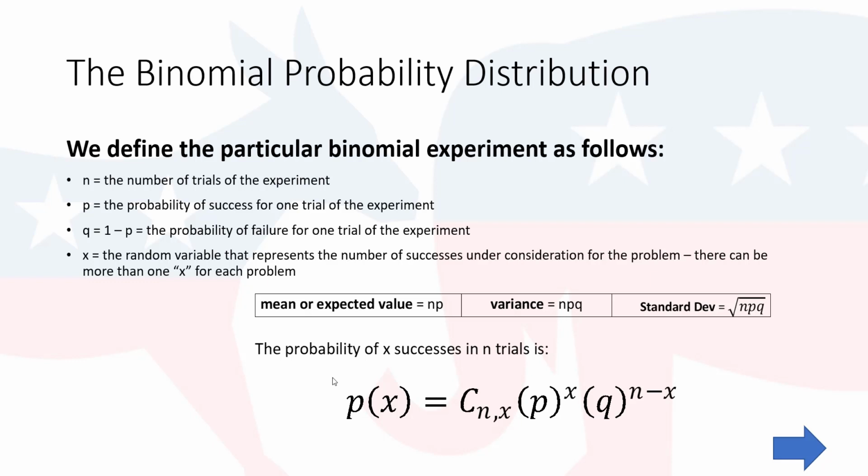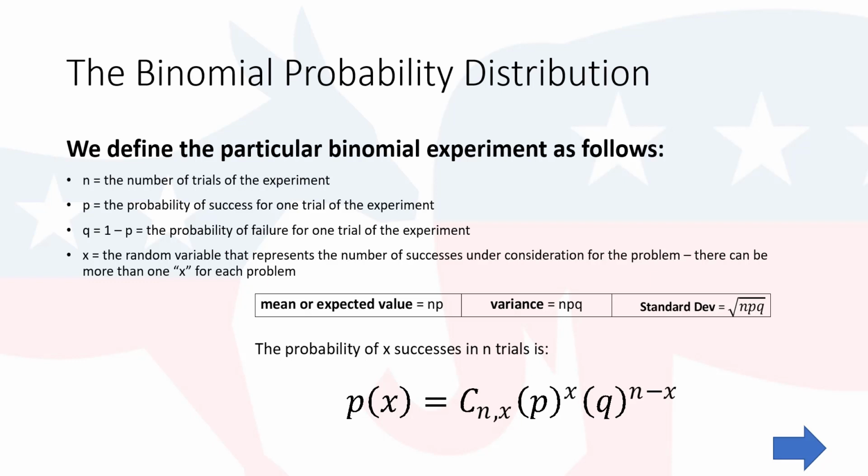The probability of X successes in a total of n trials is: the probability of X equals the number of combinations of n things taken X at a time, times p raised to the X power.